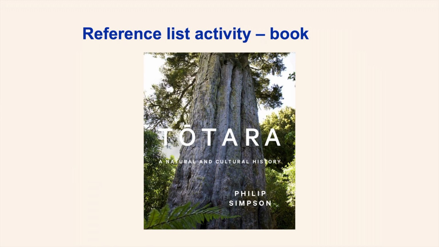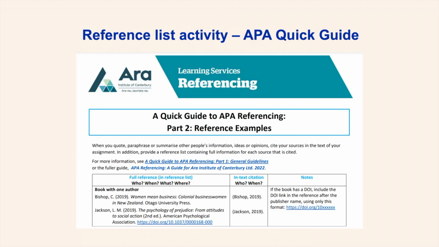Try creating a reference list entry yourself. Here is a book called Tautura, A Natural and Cultural History by Philip Simpson. This quick guide to APA referencing handout includes a specific example of how to create a reference list entry for a book with one author.